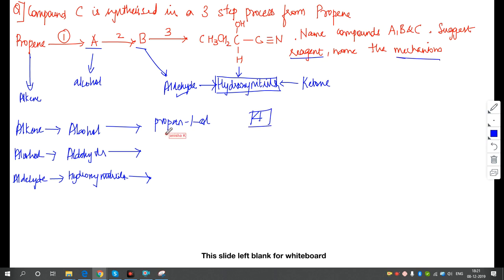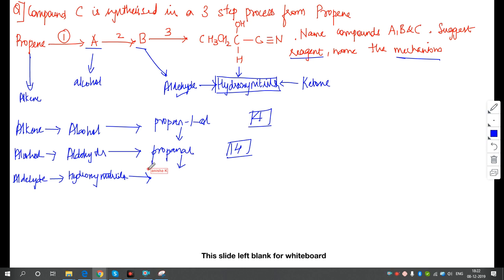Next conversion is from propanol to an aldehyde. Propan-1-ol, alcohol to aldehyde, will be propanal. And this is reaction number 14. Check reaction number 14. Then propanal into hydroxynitrile.